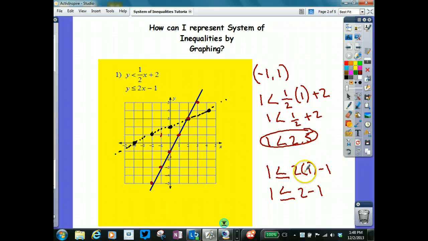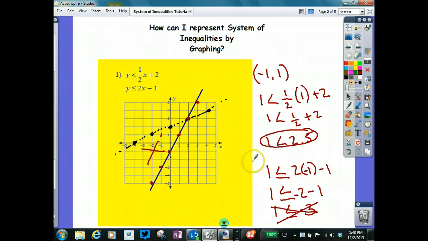I should have put -1 there because my x value is -1. So that makes this a little different. 1 is less than or equal to 2 times -1 minus 1, which is -2 minus 1. 1 is less than or equal to -3. That's not true. So this whole area is out. It cannot be part of the solution.